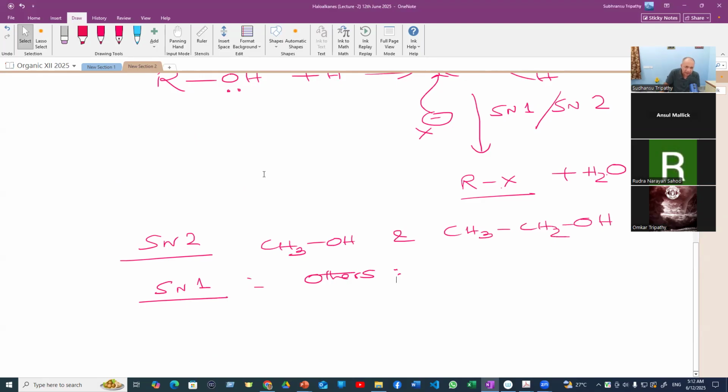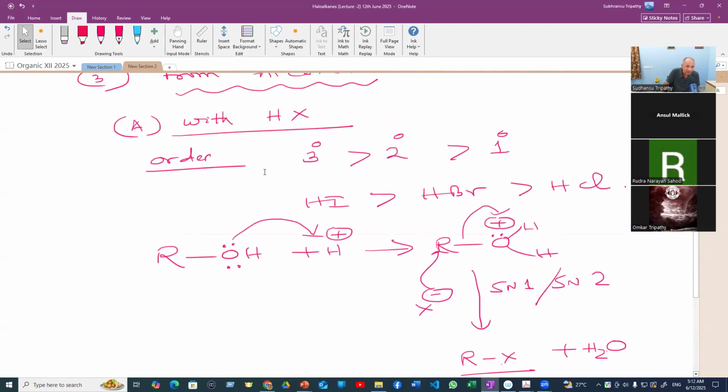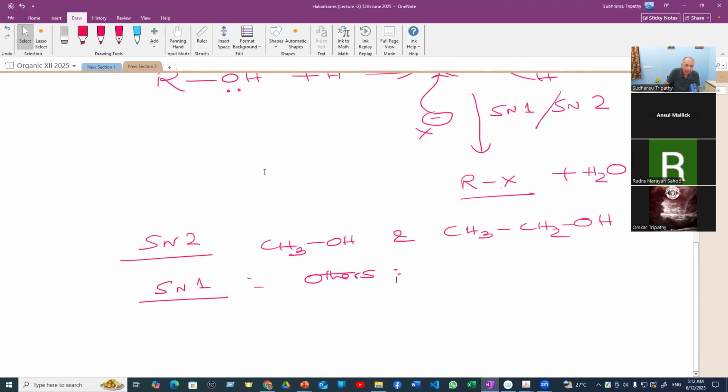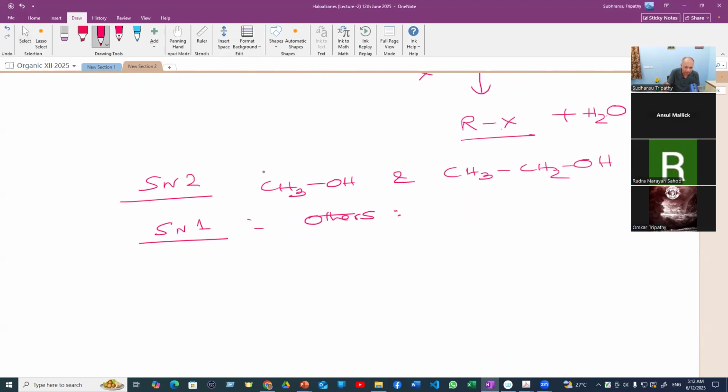Just like adding HX with alkenes, here also you will have a different product. Supposing this is the alcohol, isobutyl alcohol, with say HCl or HBr. Now the reaction will be driven by SN1. A carbocation has to be formed. This is substitution: OH will go and bromine will come.